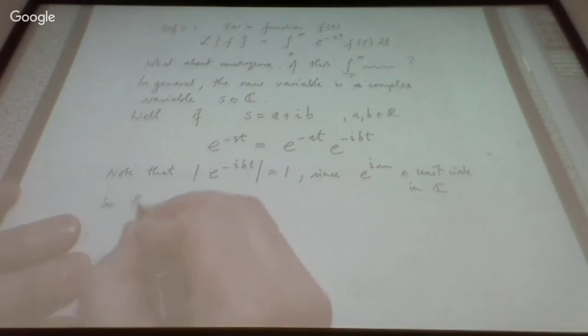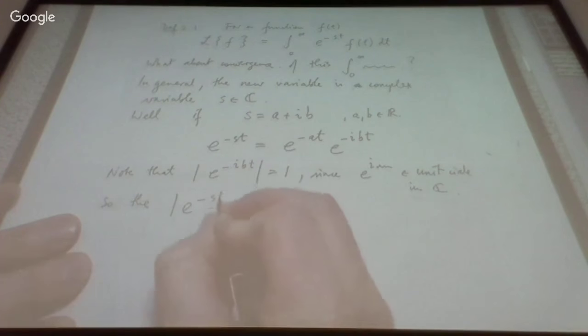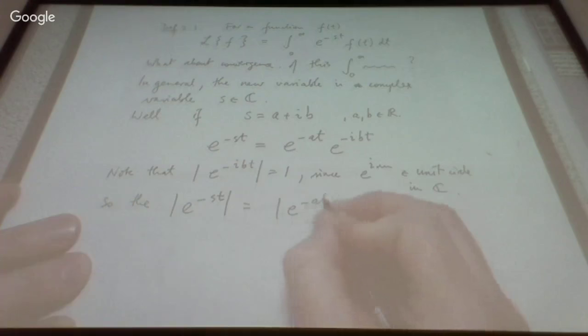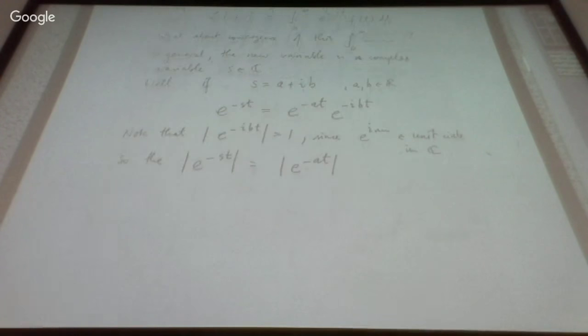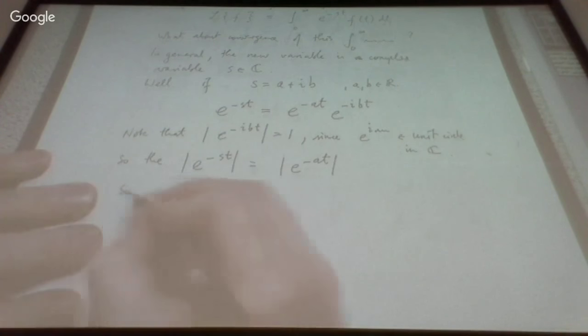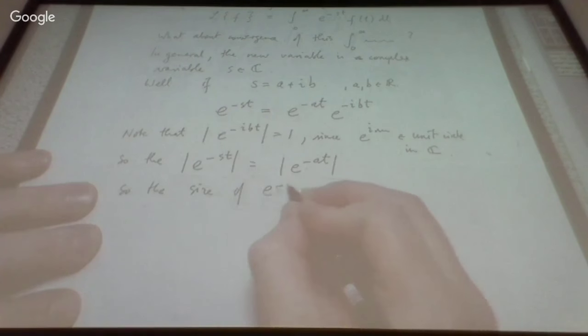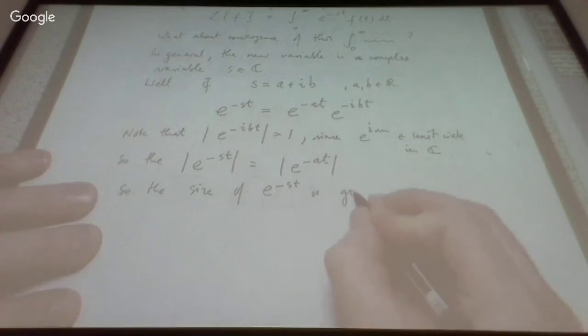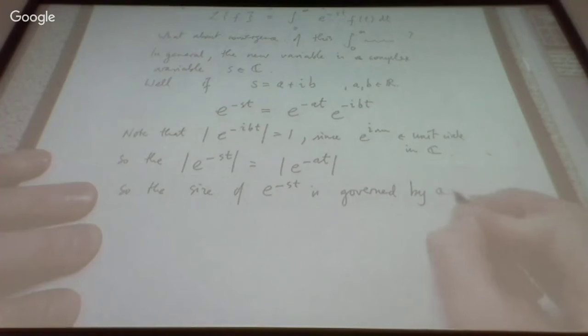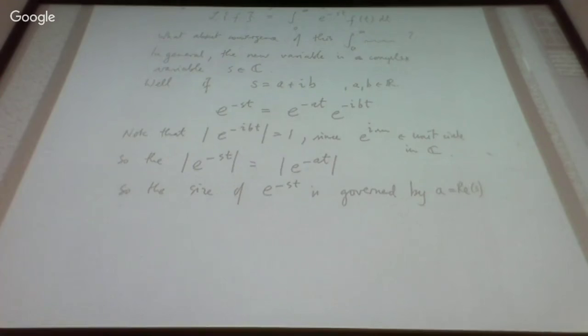So the absolute value of e to the minus st is equal to the absolute value of e to the minus at. So the size of e to the minus st is governed by the real part a, which is the real part of the complex variable s.